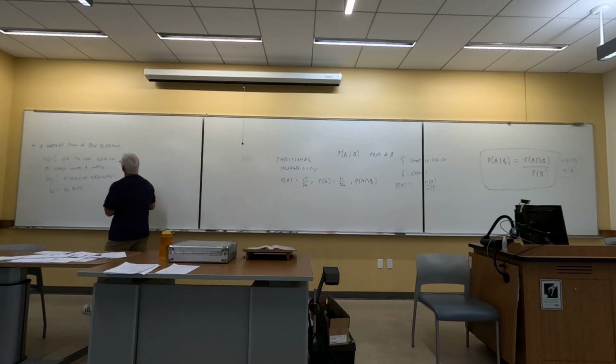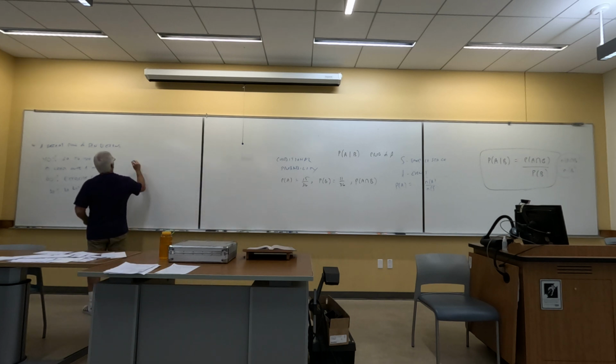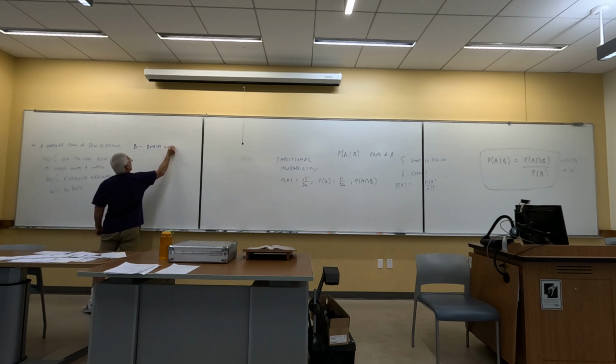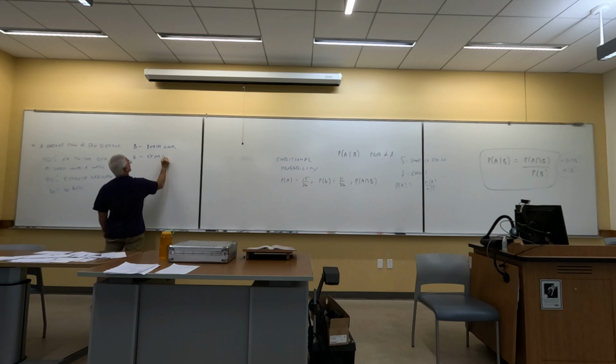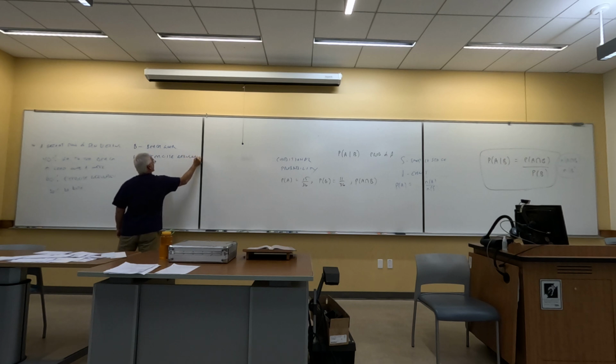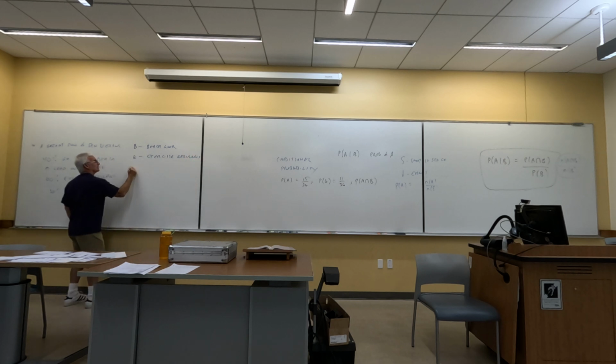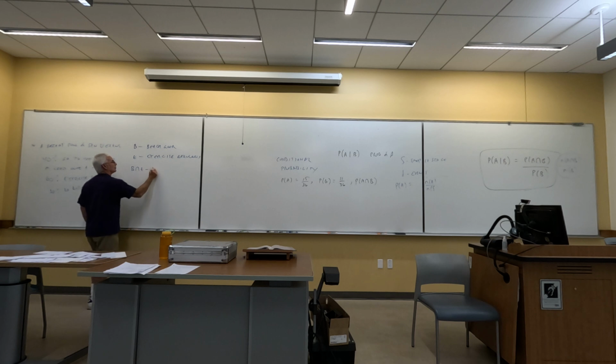Okay. Let's call B the event, you're a beachgoer. And let's call, how about E the event that you exercise regularly. Okay, then obviously B intersect E is you do both.